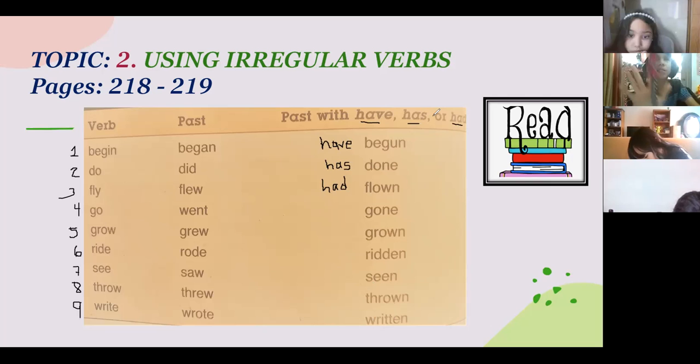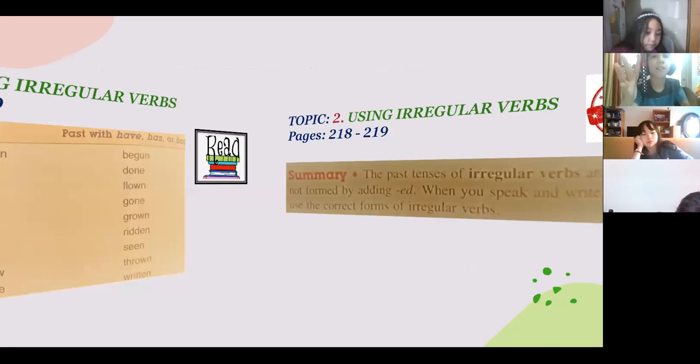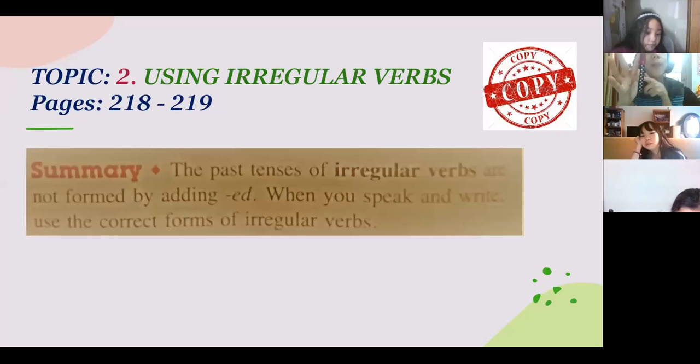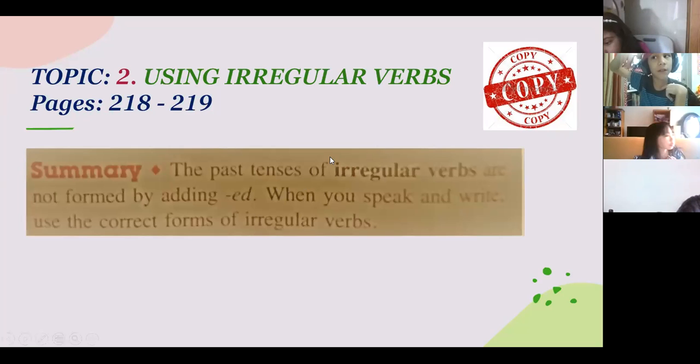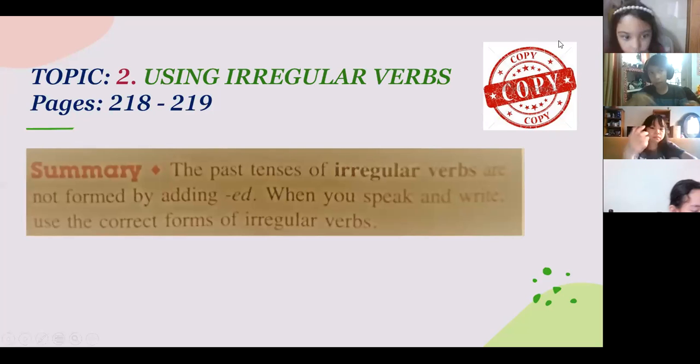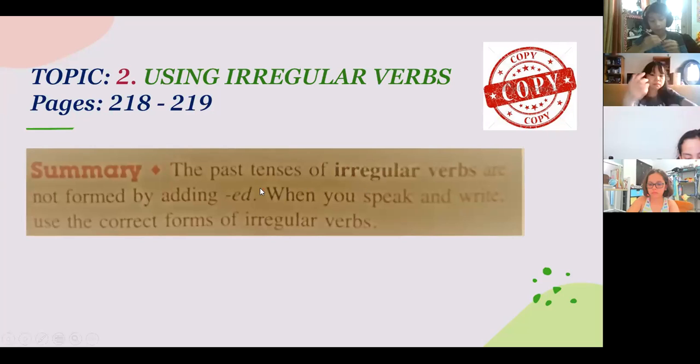Let's go and practice now. Using irregular verbs, we're going to copy this in the notebook. Let's copy the summary. I'm going to give you 3 minutes to copy the summary. The past tenses of irregular verbs are not formed by adding the ed. When you speak and write, use the correct form of irregular verbs. So this is different. In regular verbs, we just attach the ed at the end, the suffix.